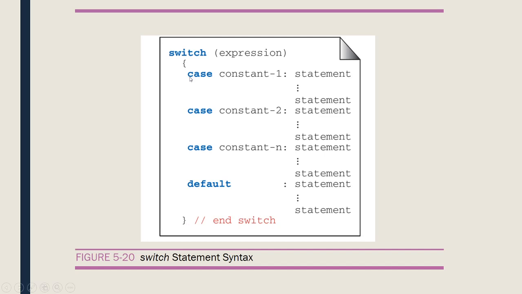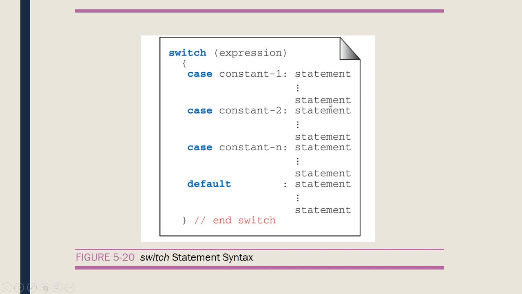Inside the braces, we have the case, which are keywords in C and other programming languages. After the case, we have the constant 1. These are the constant values of the expression. So depending on the value of the expression, the statements will be executed.